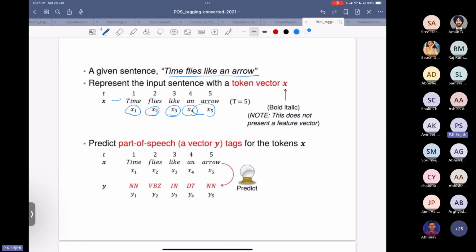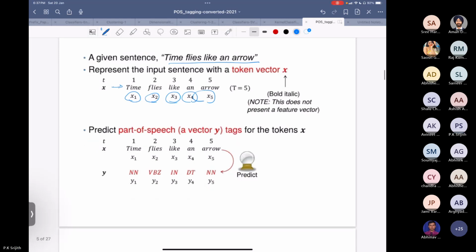So we are given this input x, and we need to produce an output y. The y also consists of 5 components, y1, y2, y3, y4, y5, and each corresponds to the part of speech tag of the corresponding word of the input.